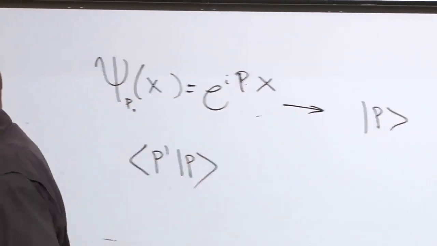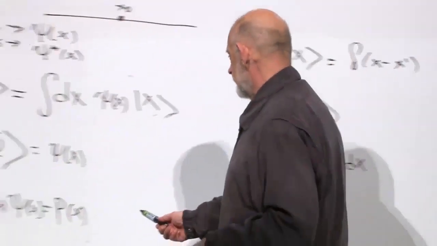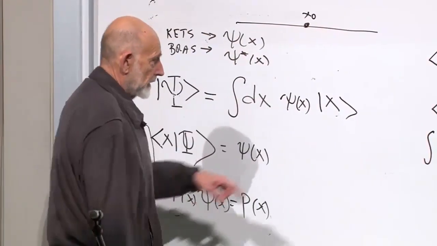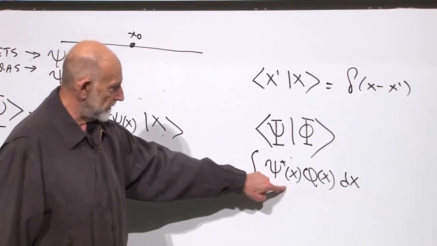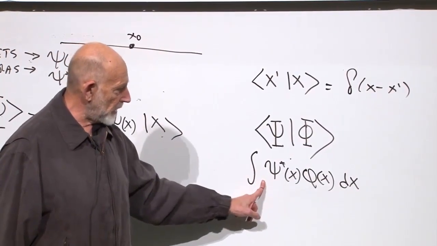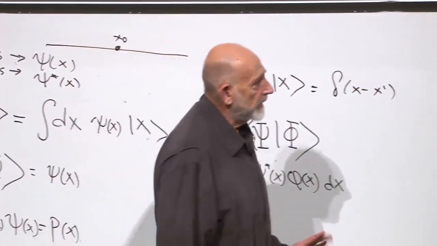Where's our formula for inner products? Here it is, over here. One psi star and one phi.